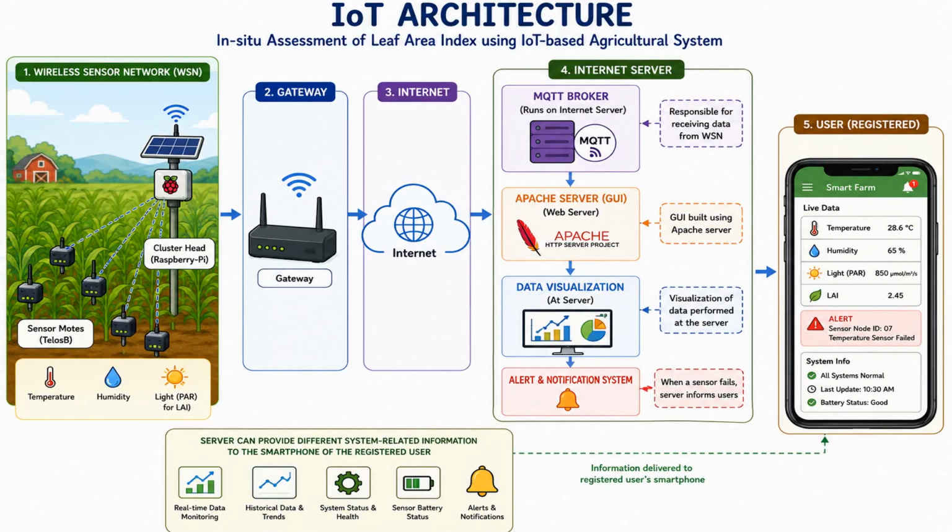The smartphone will display the real-time sensor readings, then the LAI values, system status, battery information, historical trends and the alerts. Thus, the IoT architecture enables continuous monitoring, quick fault detection, remote access, and efficient decision making for precision agriculture. Thank you.